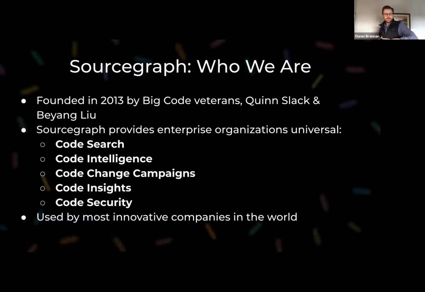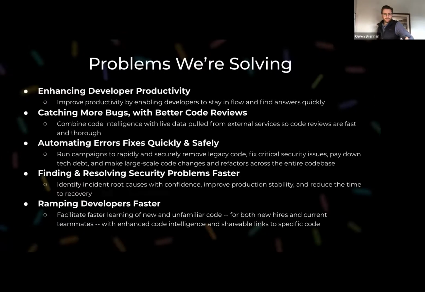And principally what we do for the enterprise organizations that we work with is provide them universal code search, intelligence, code change campaigns, code insights, and code security. We're going to cover all these things once we get into the application to give you an in-depth look at this. But why do we do this, and why is it so relevant to the ecosystem that we live in today and in this era of big code?